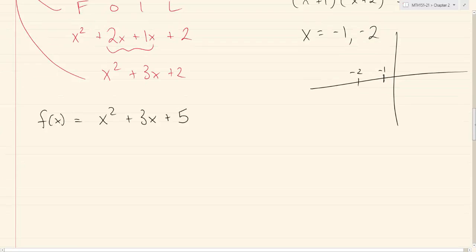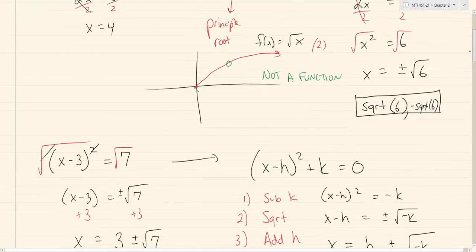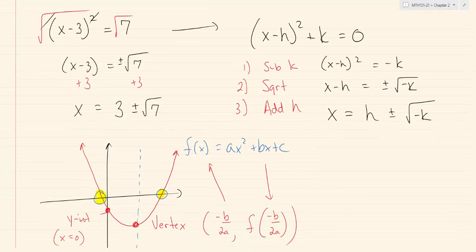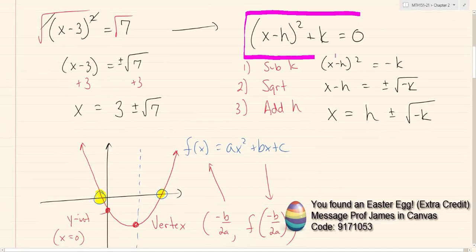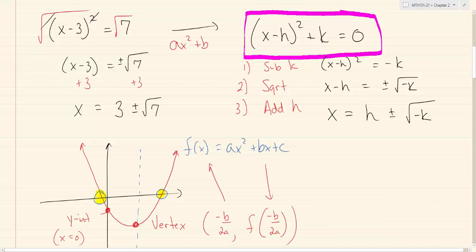What if we could take this quadratic, ax squared plus bx plus c, and manipulate it and change it and shift it and do some things and make it look like that, then we could solve it easily in 3 moves. We'd just kick that k over to the other side, we'd square root both sides, we'd add h, and we'd be done, and we'd be able to solve it.